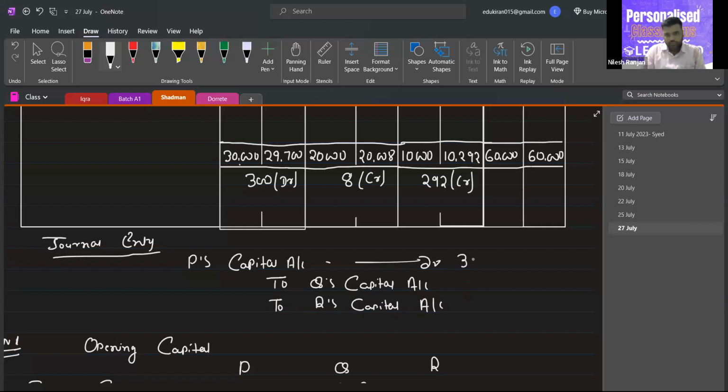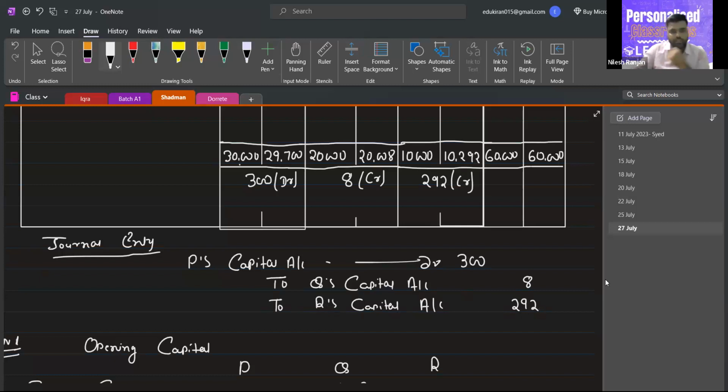So 308, 292. Tell me, is this clear? So this journal entry, can you explain once?